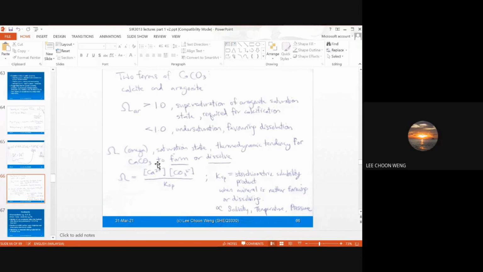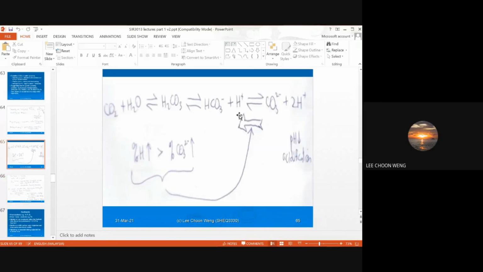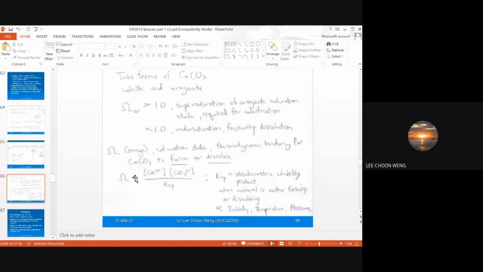If you look at the equation for saturation state, it is dependent upon the carbonate ions. If you look at the equation here, because of acidification and because it is driven towards the other side, there will be less of this. So your saturation state will tend to move towards less than 1.